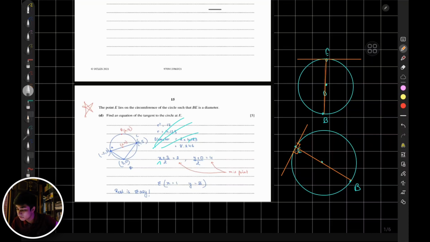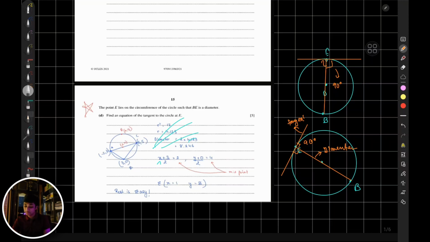The line EB and the tangent are always going to be perpendicular to each other. The angle in between is always going to be 90 degrees. So that's the interesting part over here.